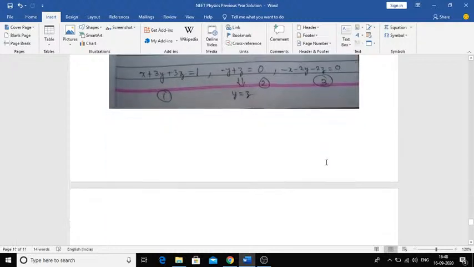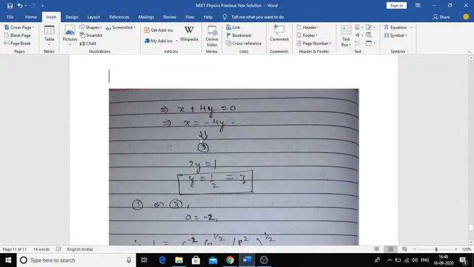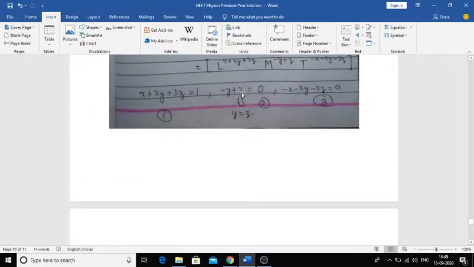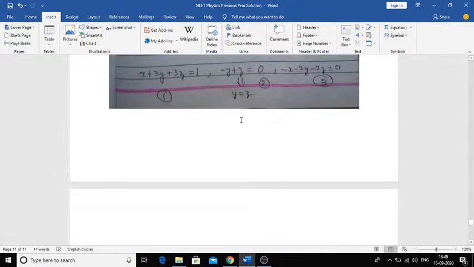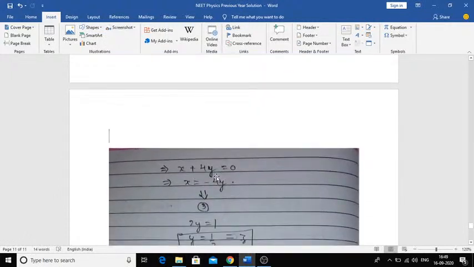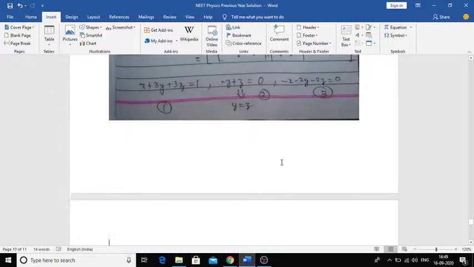Now solving these equations simultaneously, we can get our answer. So you know that this can be written as y equals z, because this is minus y, so this will go on the other side and will give you y equals z. Now this can be substituted in equation number 3, and this will give you x plus 4y. How will it give you that? See, this is your y and this is your z.